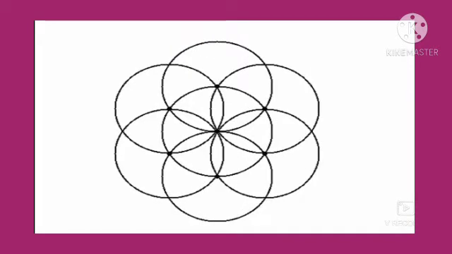Using the above shapes, circle, spiral and oval, we are going to form iterative patterns. Iterative patterns mean the repetition of patterns. See here in this figure, circles are repeated and this makes iterative patterns.